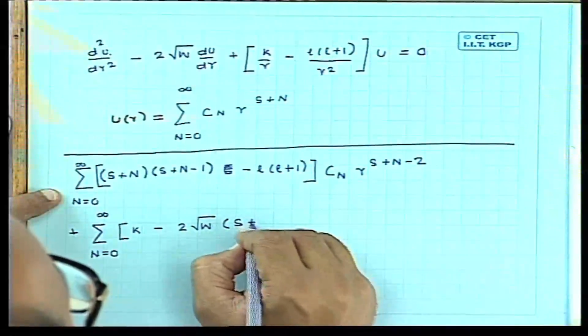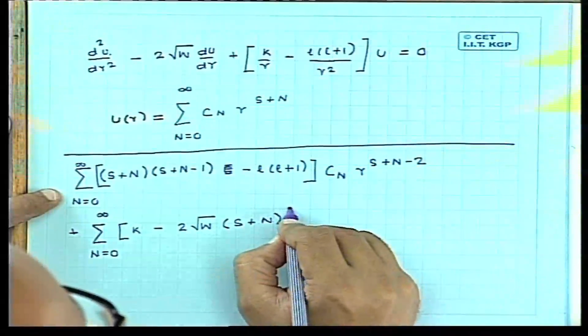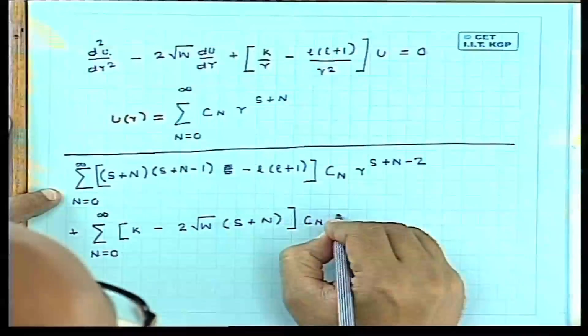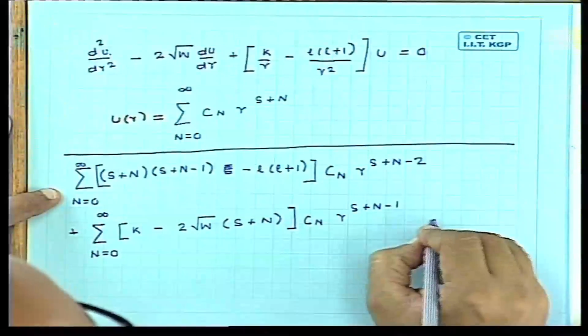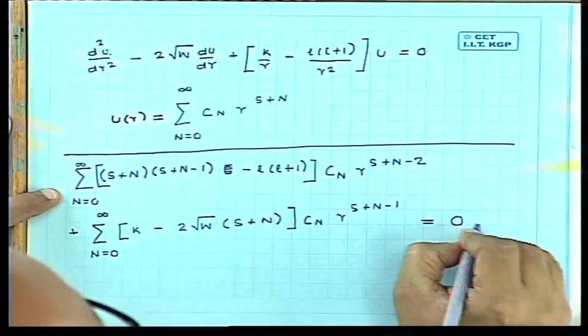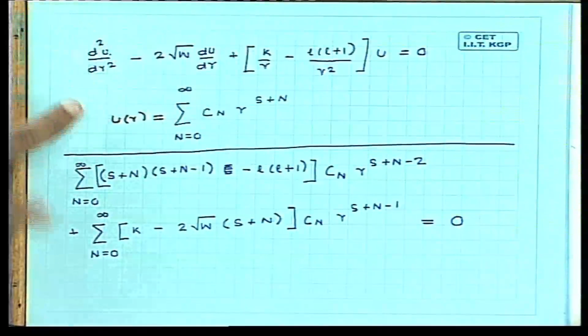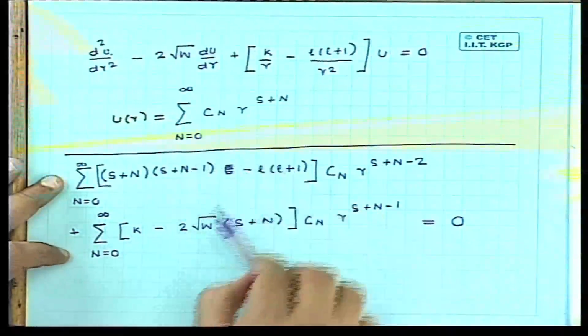I have one derivative, so I get s plus n, this whole thing into C n r to the power of s plus n minus 1, this is equal to 0. So this differential equation, if I use this form for the solution, gives me this relation amongst these two sums.